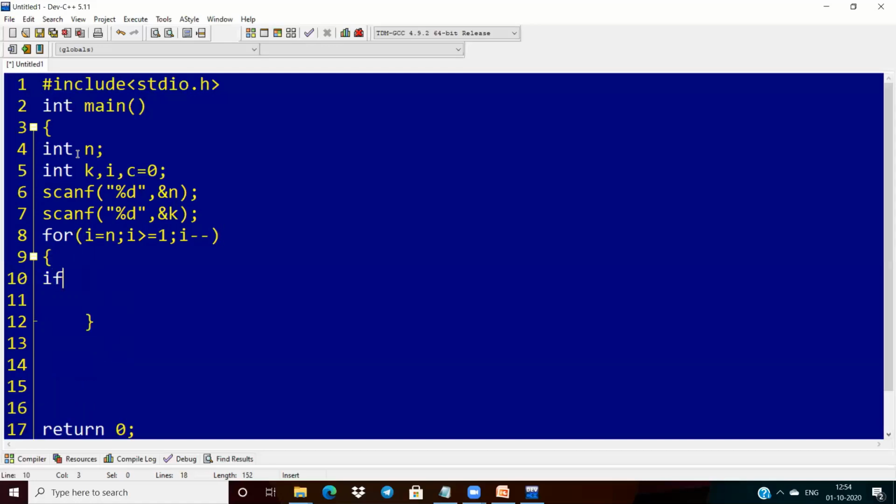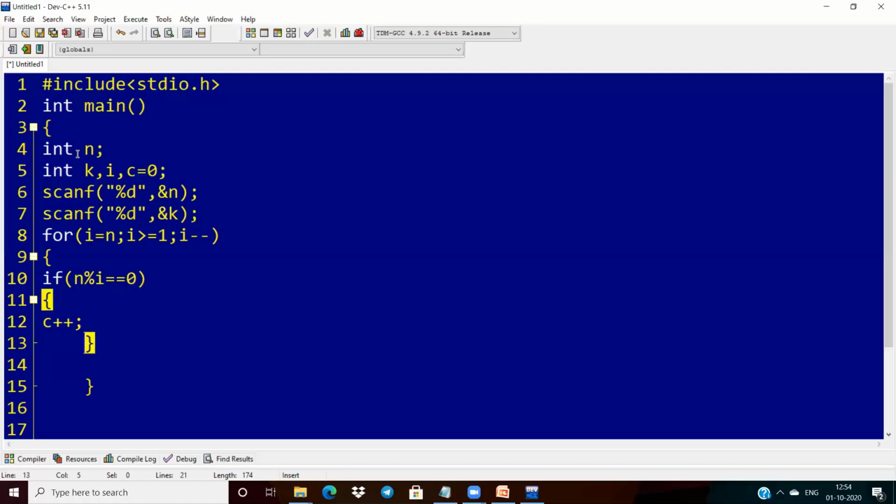Generally, how do we find a factor? I divide the number by i, and if I get remainder 0, then that is a factor. If you get a factor, increment the count.